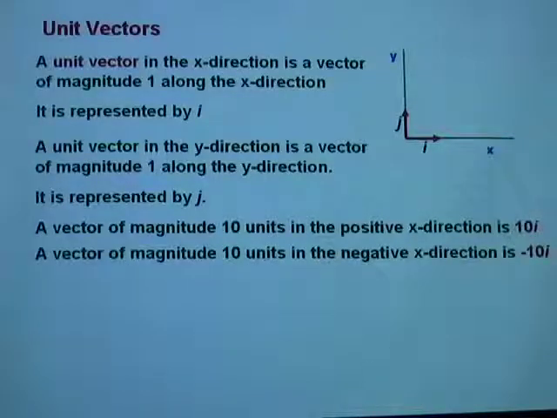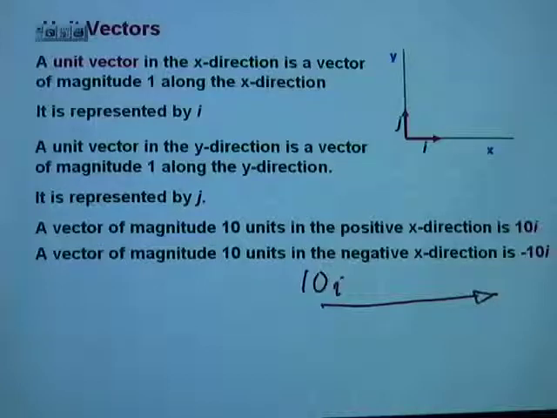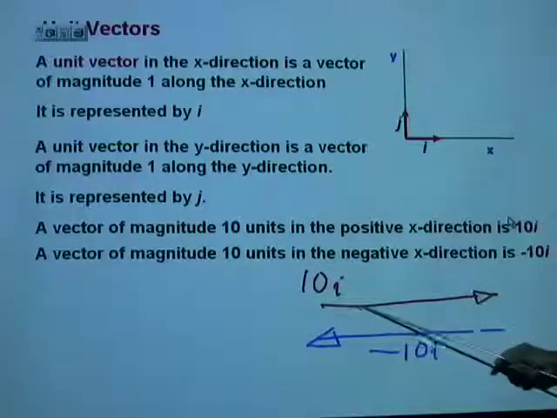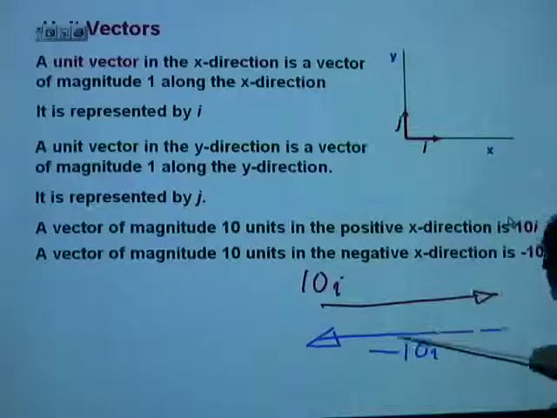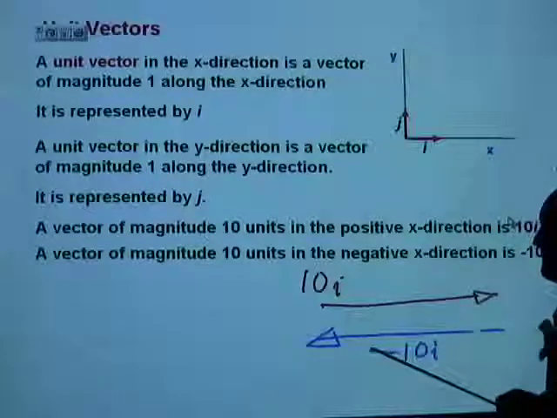So 10i is a vector of magnitude 10 units in the positive x direction, whereas a vector of magnitude 10 units in the negative x direction is negative 10i. So this is positive 10i, this is negative 10i.